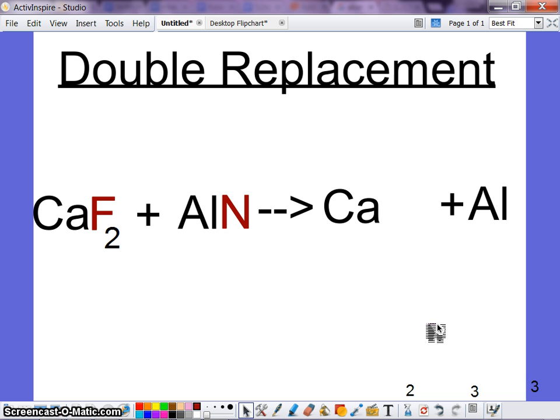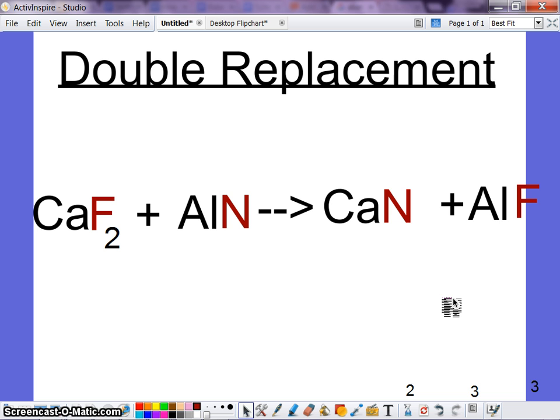The double replacement part comes in when we switch these anions. Something important to notice is that I did not drag the subscript over because that subscript is only there because of what the F is paired with. Now my fluoride is paired with a new partner. My fluoride may or may not have a subscript.